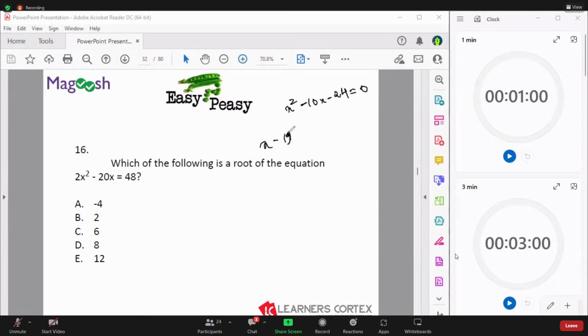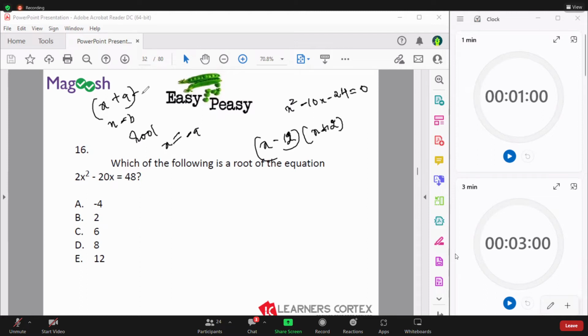So the factors are x minus 12 and x plus 2. Now remember, these are the factors, and roots are something else. If x plus a is a factor and x minus b is a factor, then the root will be x equals minus a.